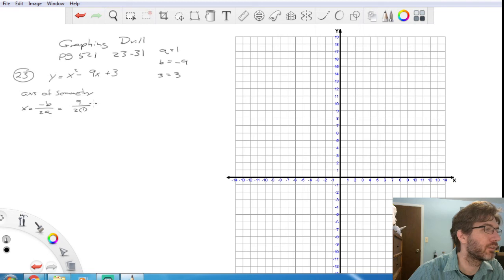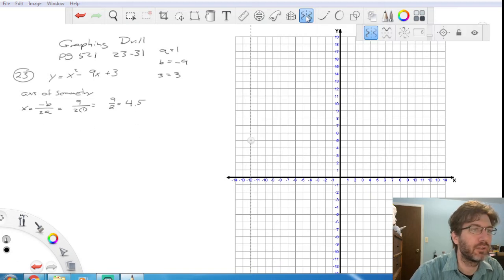So your axis of symmetry is going to equal 9 over 2, which is 4.5.